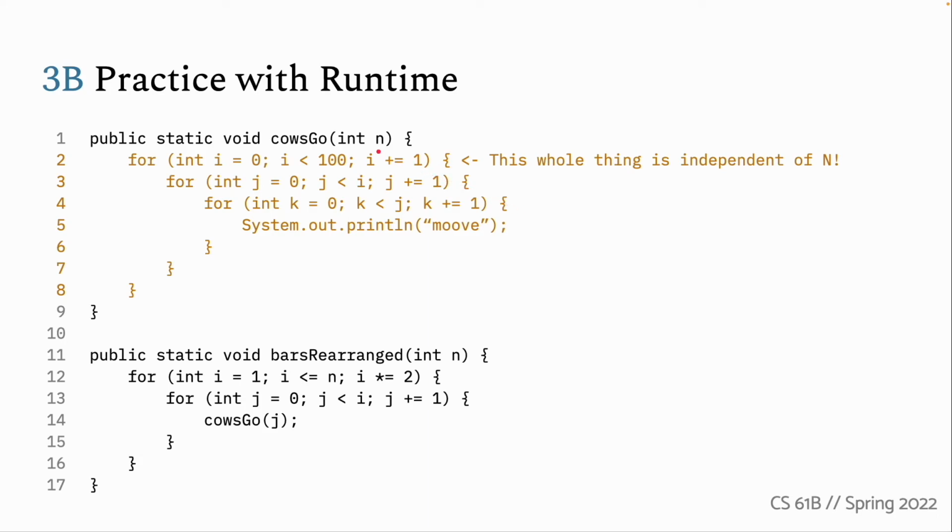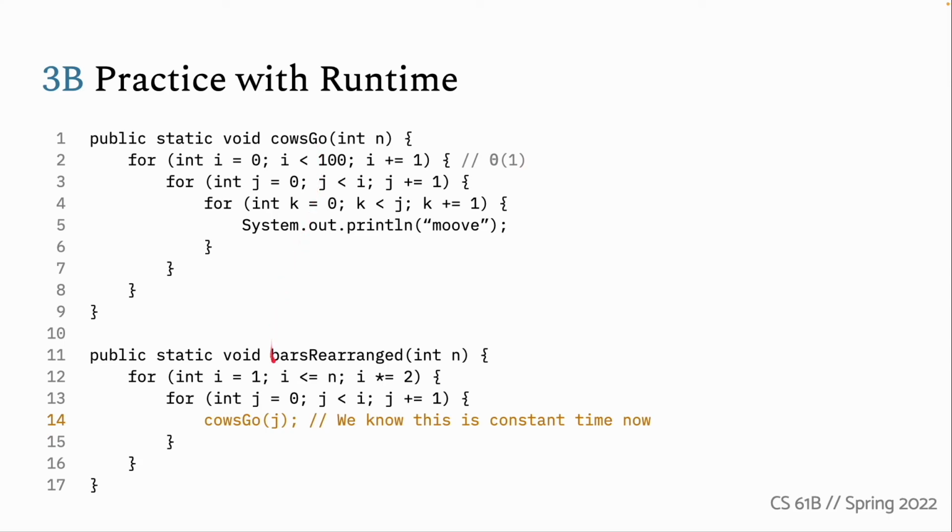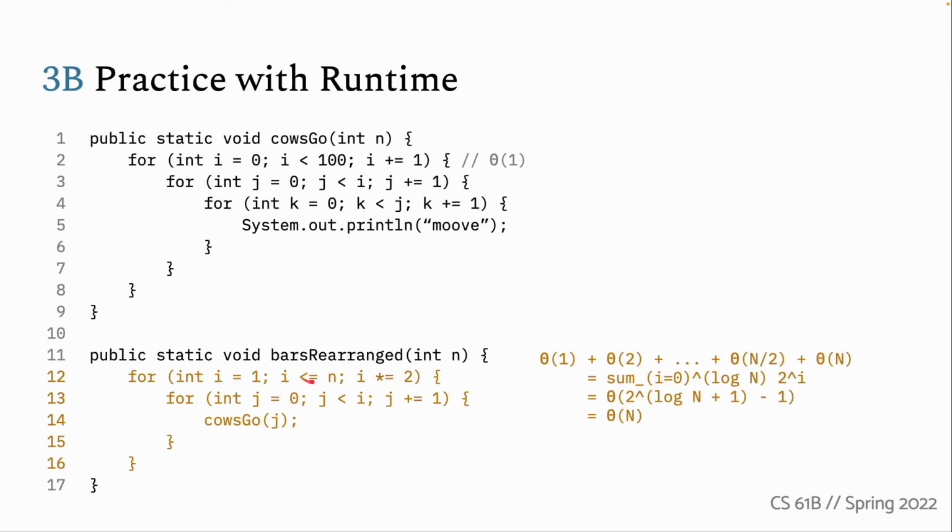So no matter how big n gets, this for loop will still run the same amount of times. This means that the actual runtime of this for loop is just constant because it doesn't scale with the size of the input, which is all we really care about. So with that in mind, we know that cowsGo takes constant time to run, and we can use that to analyze this double for loop we have down here.